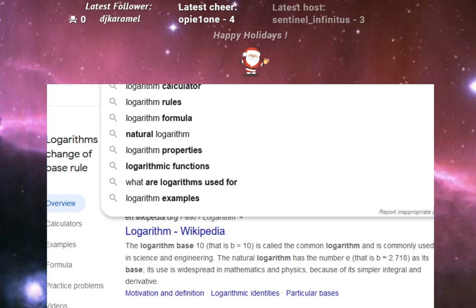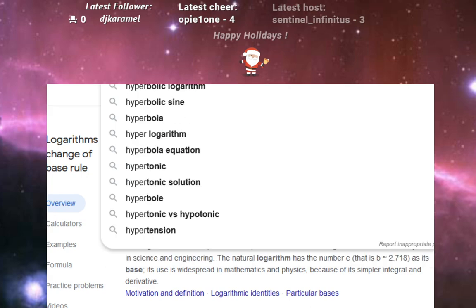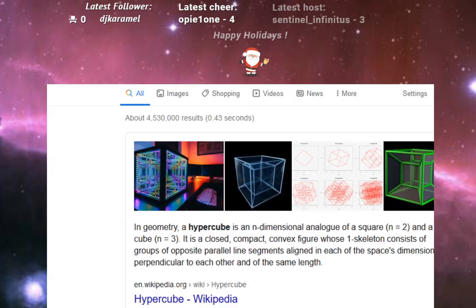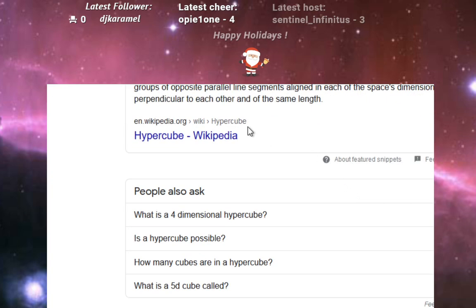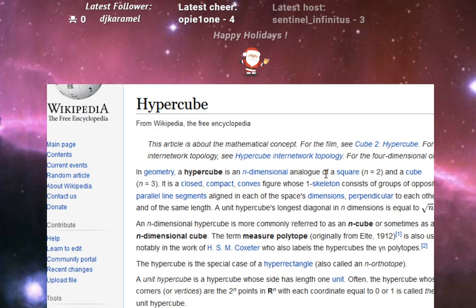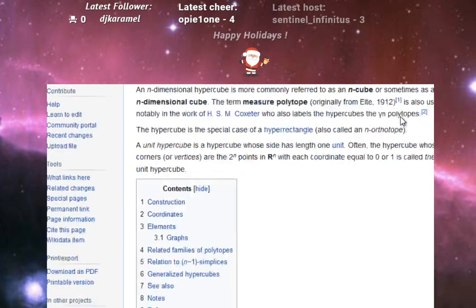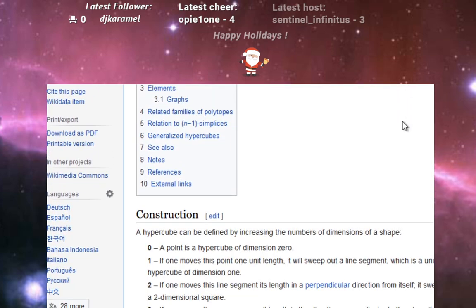I'm gonna just take a look at this here. This is supposedly a fourth-dimensional object. And you can take matrices, and you can add bunches of numbers in matrices and create a dimension that way.